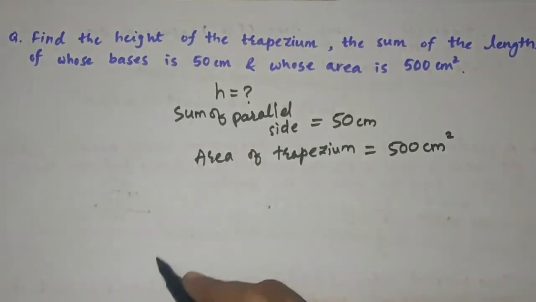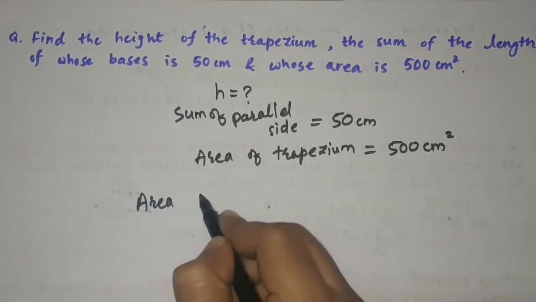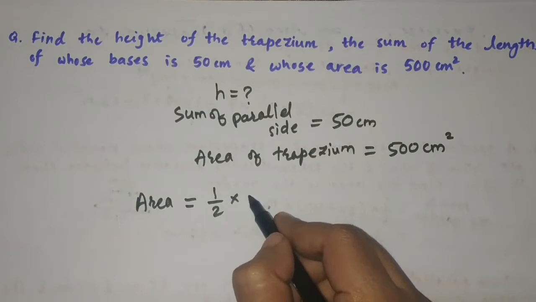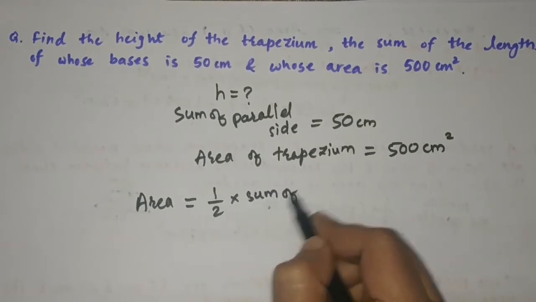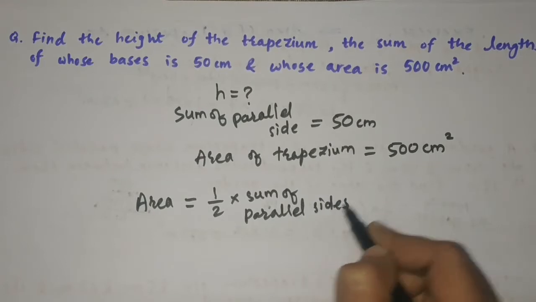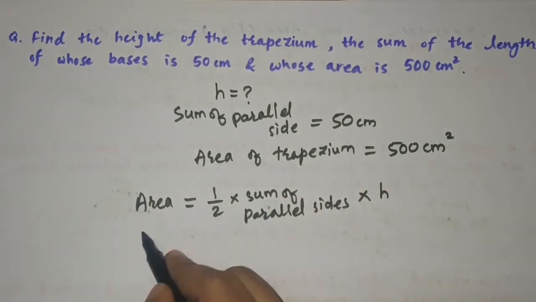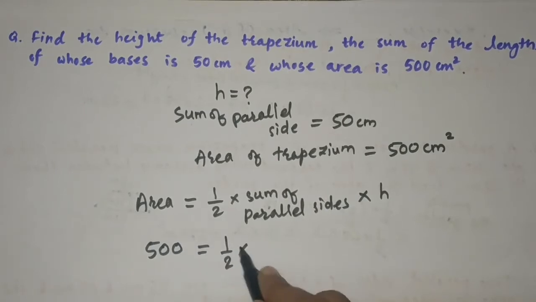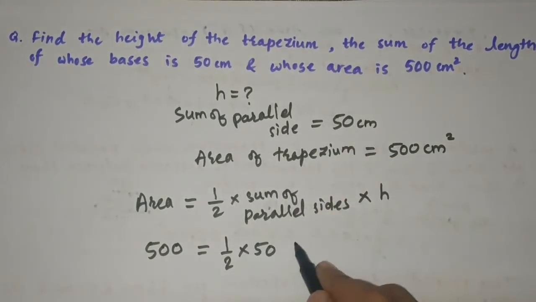Okay, so now I will write down the formula. Area is equal to 1 by 2, you have to write down the sum of parallel sides into height. So here area is what friends? Already given 500, which is equal to 1 by 2. Here the sum is given, 50, into height.